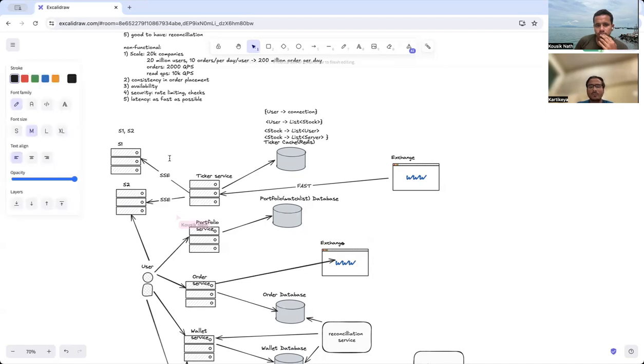So here we will just say that for Microsoft, this is the current price, let's say 360. Only this information will be sent to S1 and maybe S2, and then S1 and S2 will figure out who are the users connected to me.